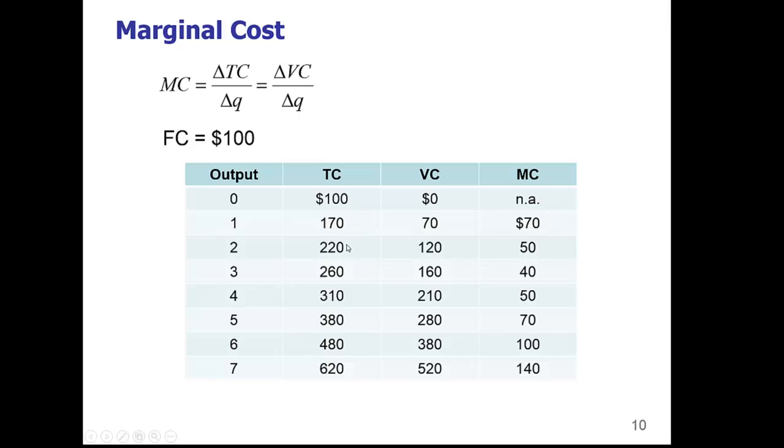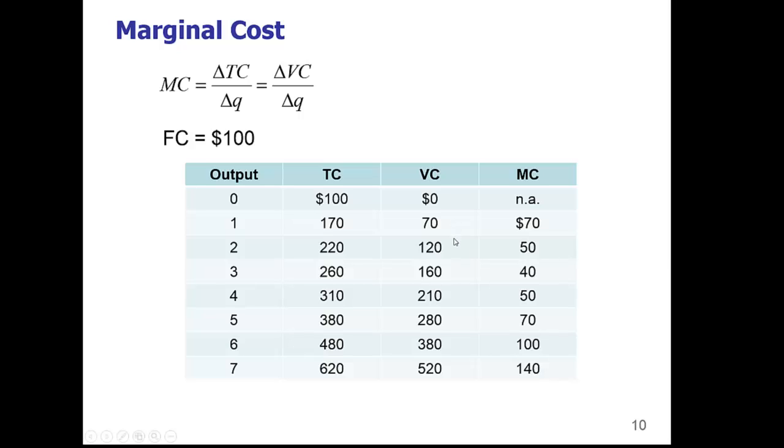Change in total cost for the second unit, $50. So how much extra did it cost to produce the second unit? $50 more, and so on. What about the seventh unit? When I produce the seventh unit, total costs increased by $140. So the marginal cost of producing the seventh unit is $140.